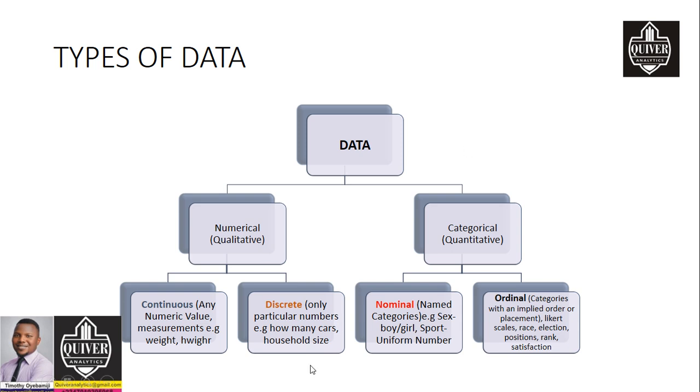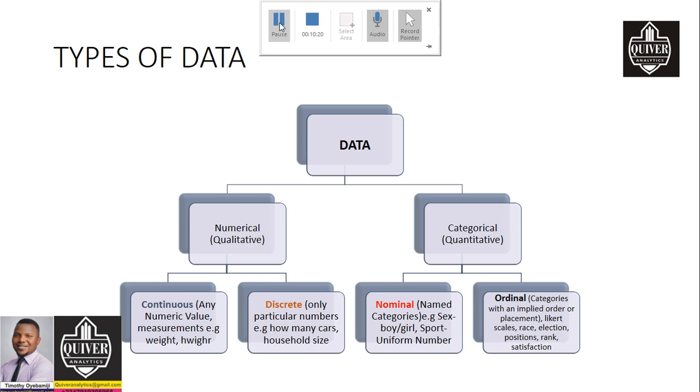Now let me quickly talk about some things that might be confusing: the idea of discrete and nominal. Sometimes they are used interchangeably, and sometimes it doesn't really matter. An example of how discrete and nominal can be confusing is, here we said how many cars.